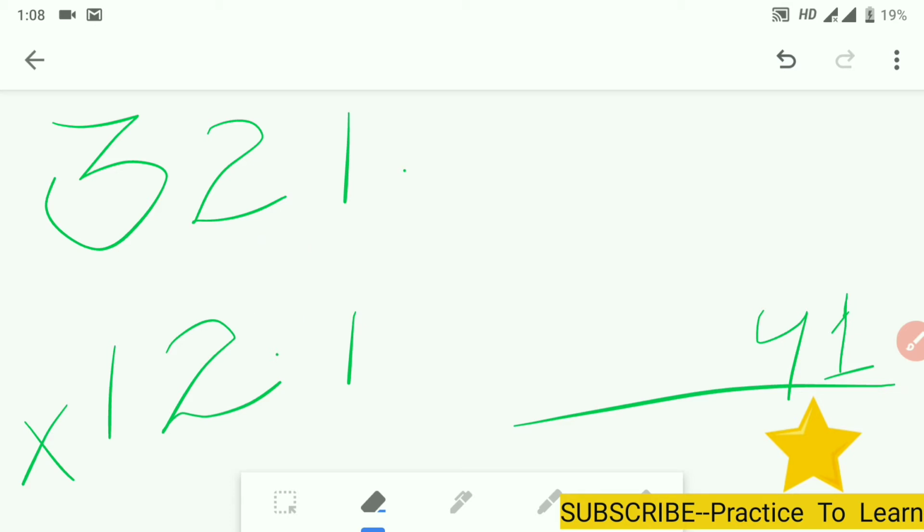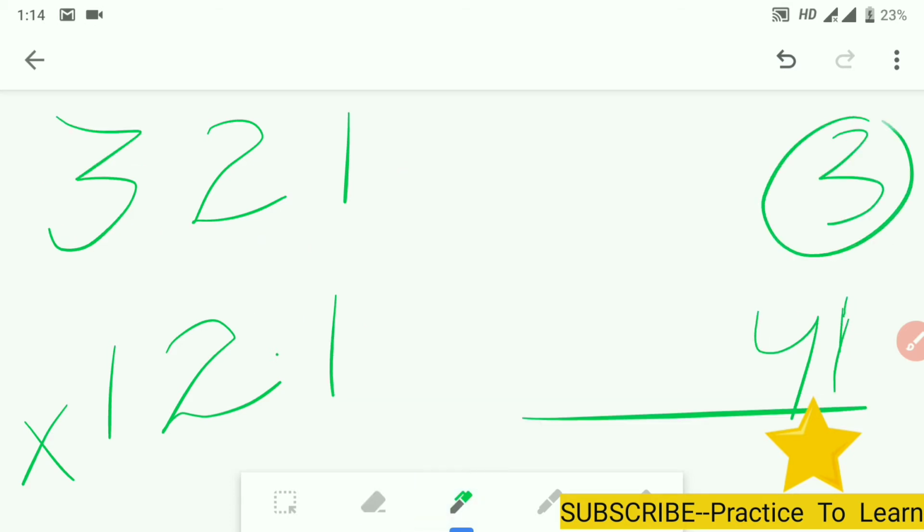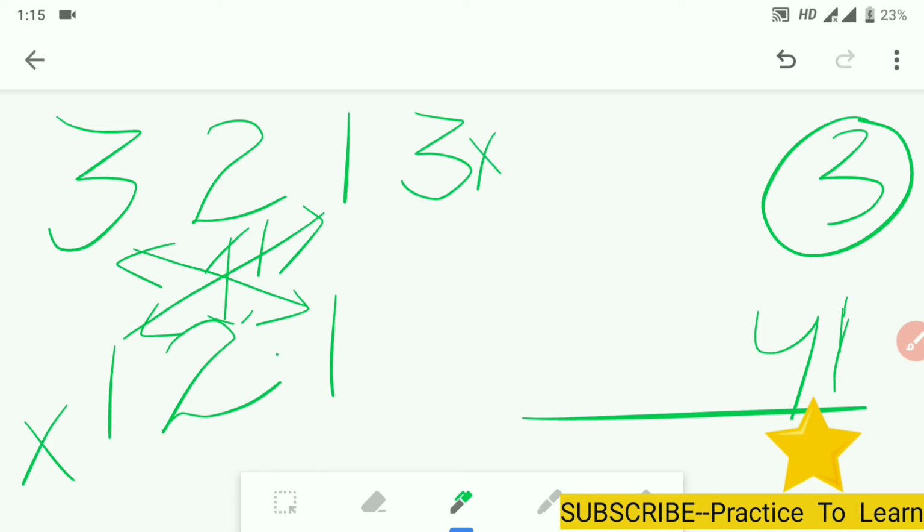In the third step I'll be writing step number 3 right here. We will have to cross multiply 3 with 1, 1 with 1 and 2 with 2, this way. I'll be showing it with the arrows. So 3 into 1, we will add it to 2 into 2, and we'll add it with 1 into 1.